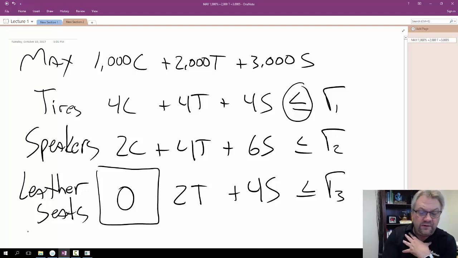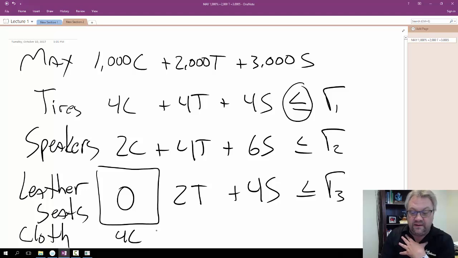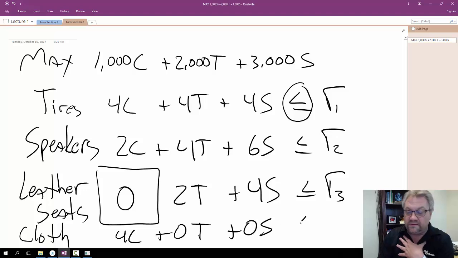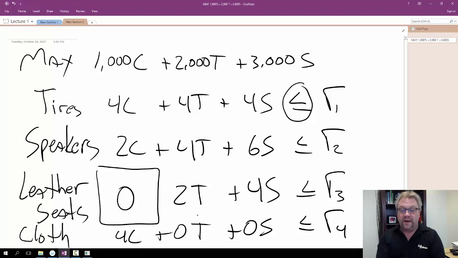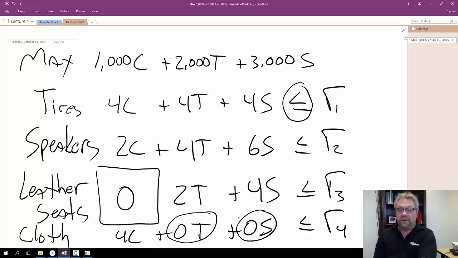And then, of course, you could imagine I could have cloth seats, and so I would have 4C, but plus 0T, 0 SUV, less than or equal to some number of cloth seats. Right, so that's okay. Here, 0 and 0, because these 2 cars do not use cloth seats. So the point being is, yes, you can have zeros in your constraints, all right?